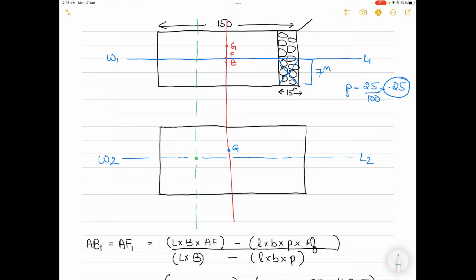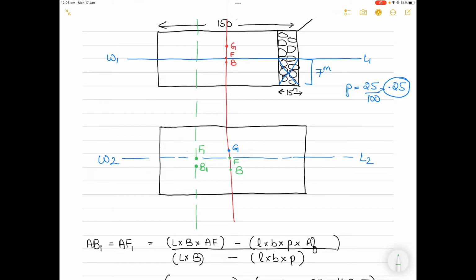So center of flotation will be F1 here, let's call it F1 if this was F, and center of buoyancy will be B1, and say this was B. So it will change, but the new center of flotation and buoyancy will be the same.